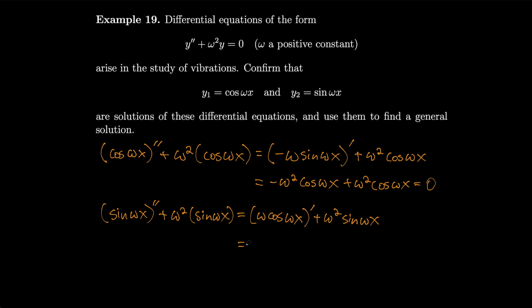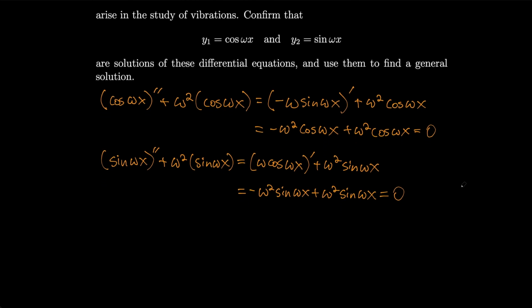And that equals minus omega squared sine omega x plus omega squared sine omega x, and again that cancels and gives you 0. It's handy that the derivative of cosine is minus sine.